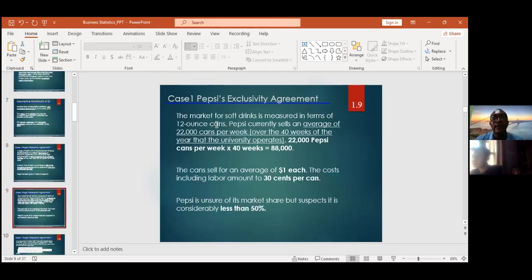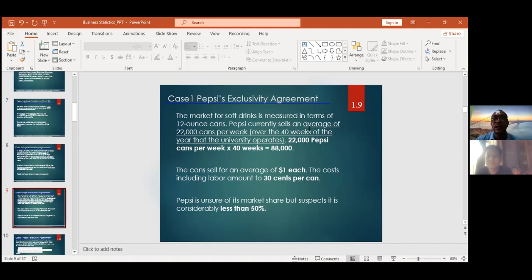The market for soft drinks is measured in terms of 12-ounce cans. So Pepsi is now trying to come up with some statistical values to see whether it is worthwhile to take this agreement.